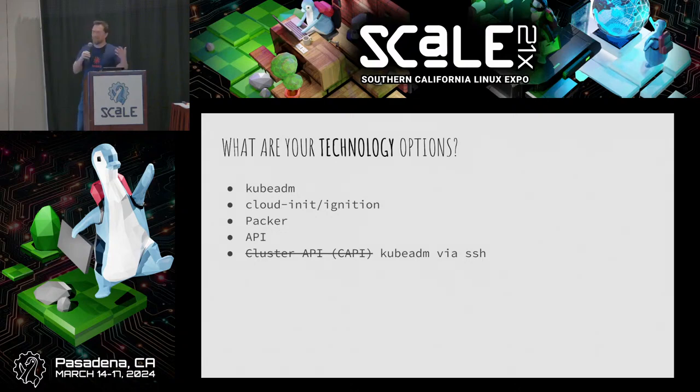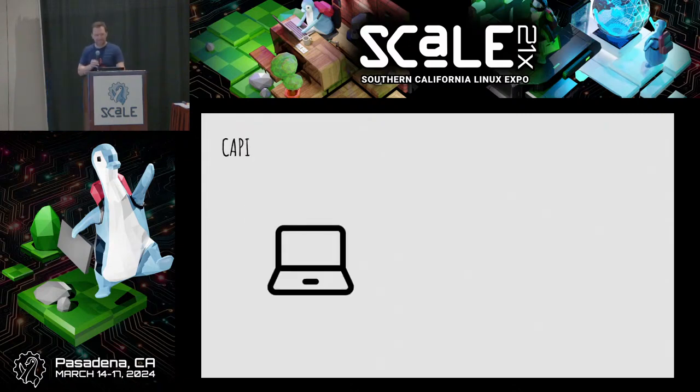With KubeSpray, you're going to do it from your laptop, and with Cluster API, if it's bare metal, almost all of those providers will say, you give us the IP address and an SSH cert, and we will kubeadm SSH into that box, and we will suck some data out of it.